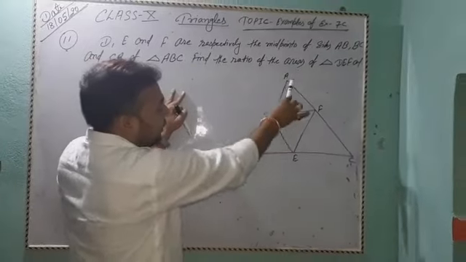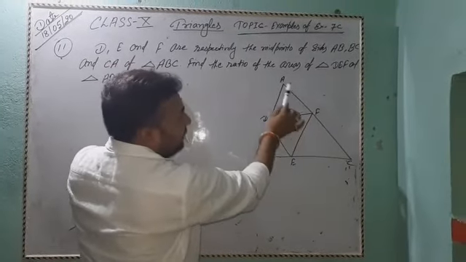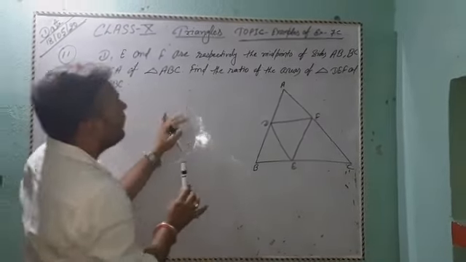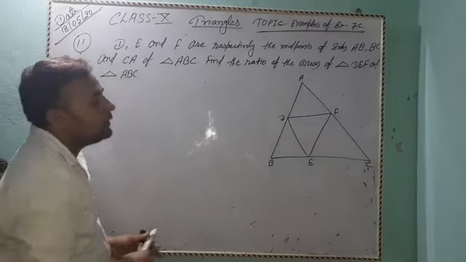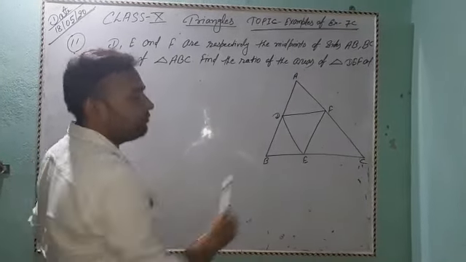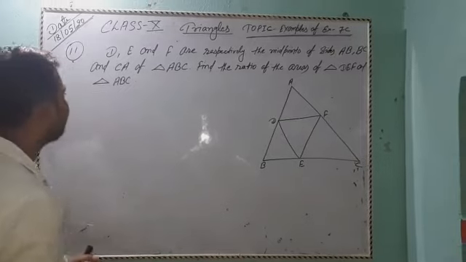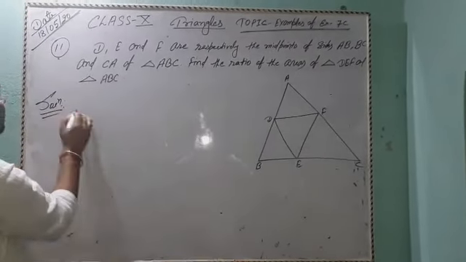D is the midpoint of AB, E is the midpoint of BC and F is the midpoint of AC. Okay. Find the ratio of the areas of triangle DEF and triangle ABC. Okay. So let's start the solution.